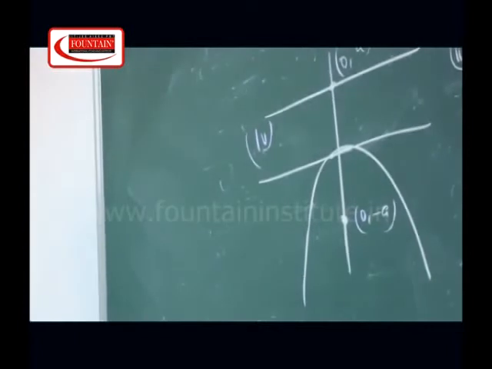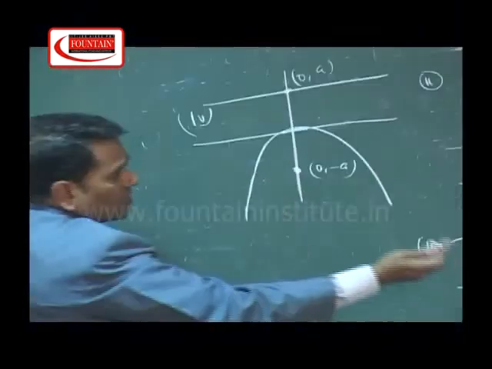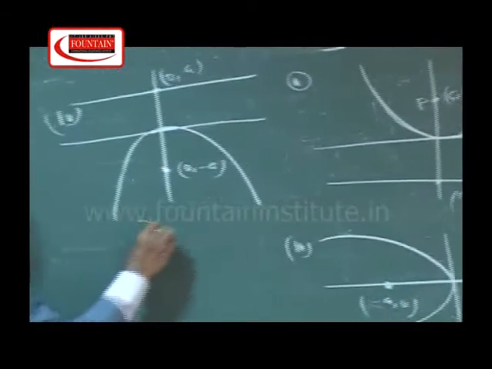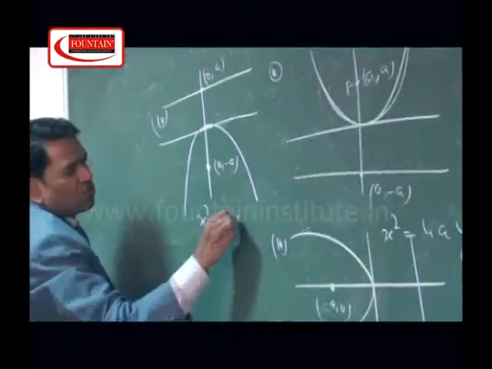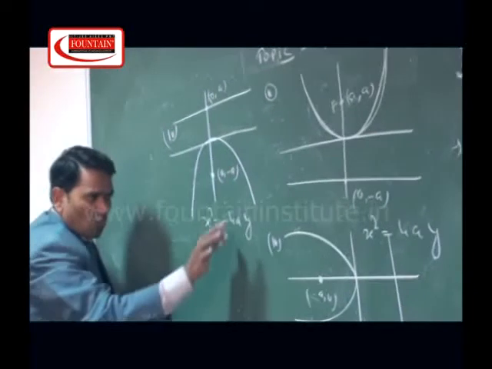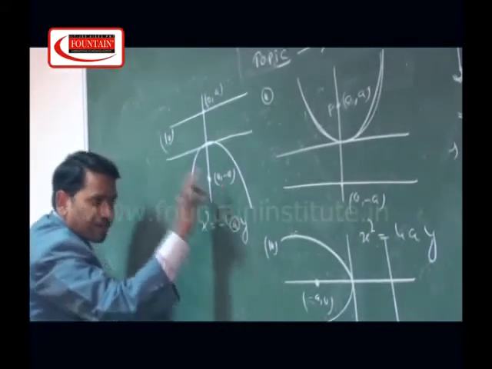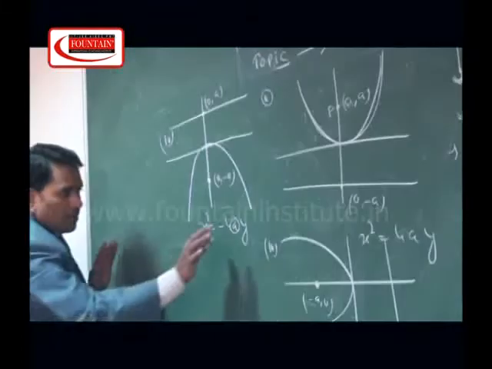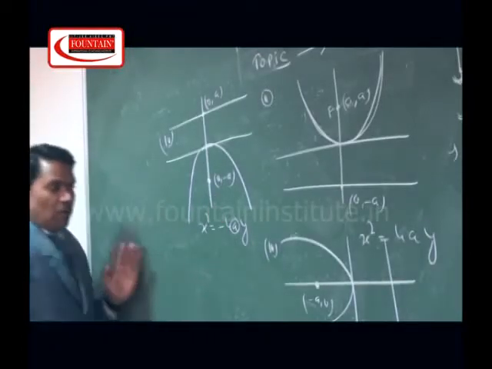In that case the equation of the parabola differs by a minus sign: x square equals minus 4ay.